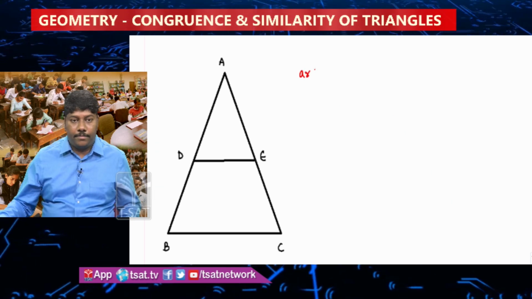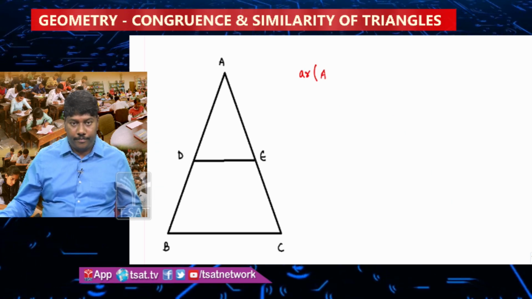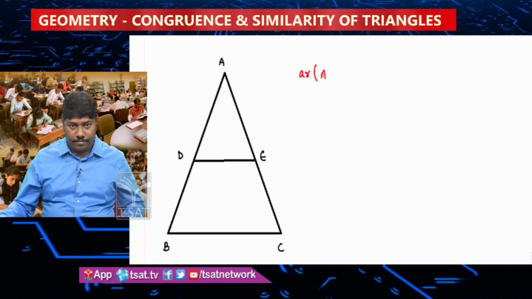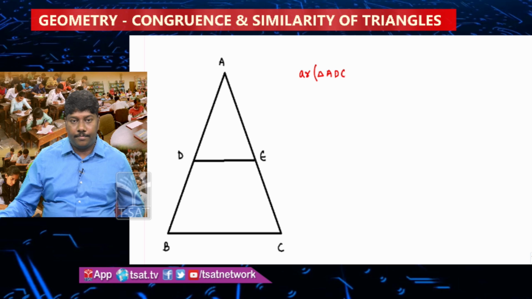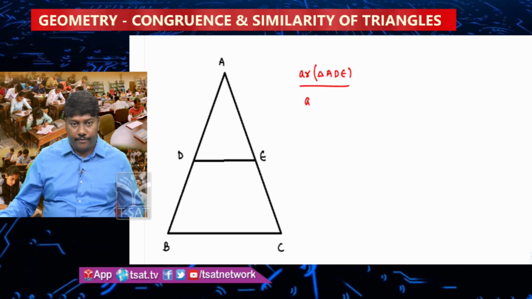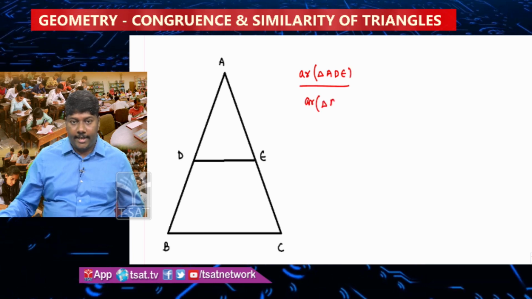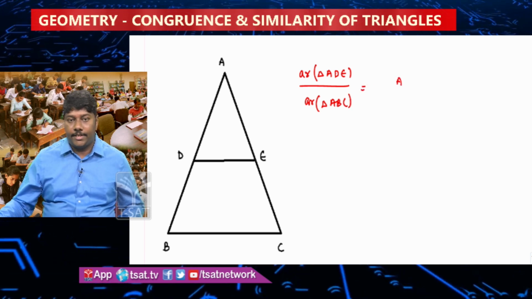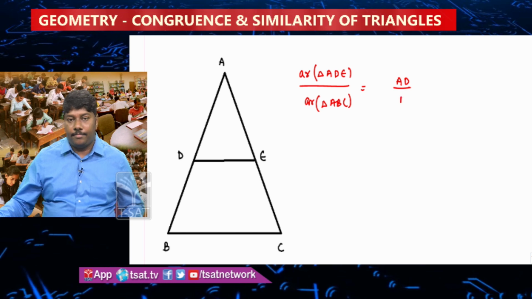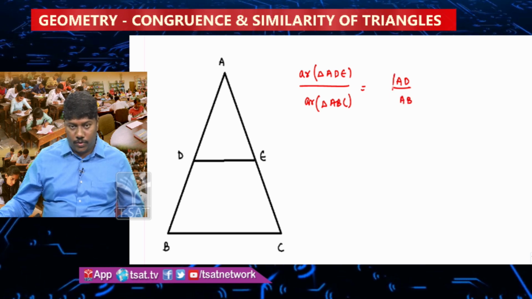Area of triangle ADE by area of triangle ABC is equal to, take any side, AD by AB whole square.